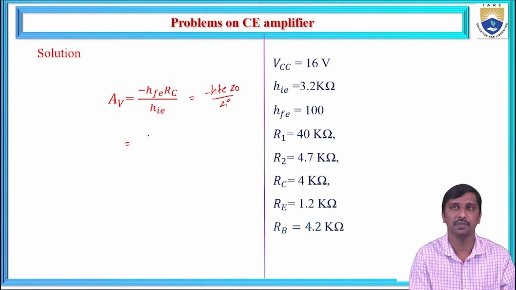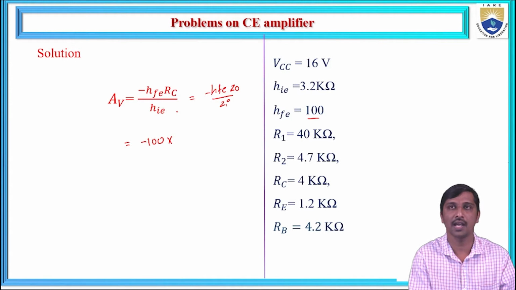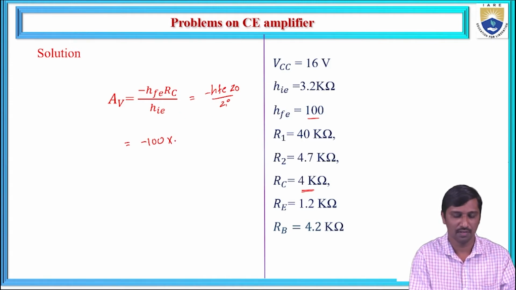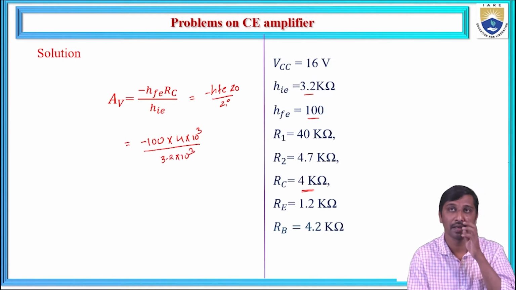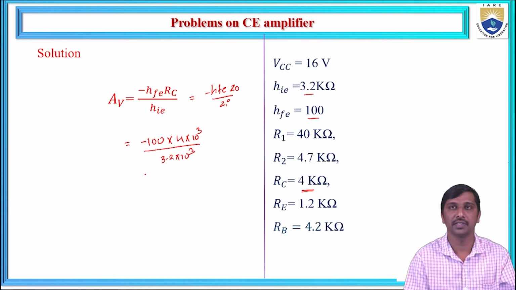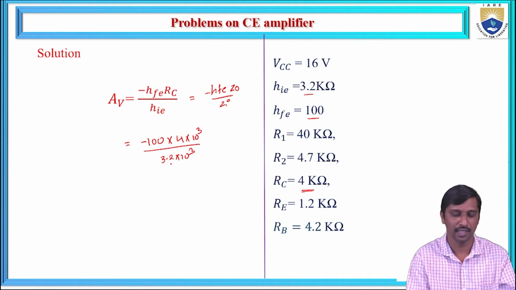If you substitute, HFE they mentioned is minus 100, into RC, that is 4 kilo ohms, hence 4 into 10 power 3, divided by the HIE value of 3.2 into 10 power 3. So minus 100 into 4 into 10 power 3 by 3.2 into 10 power 3.